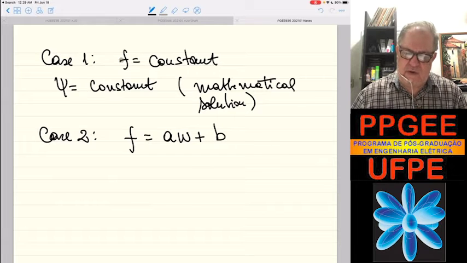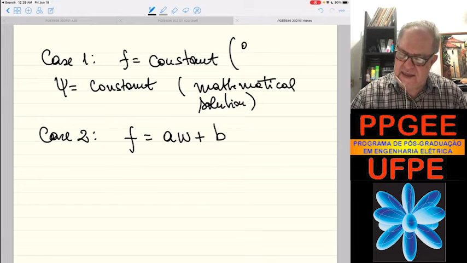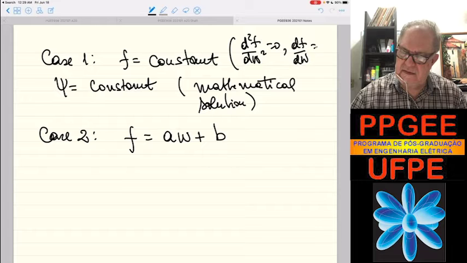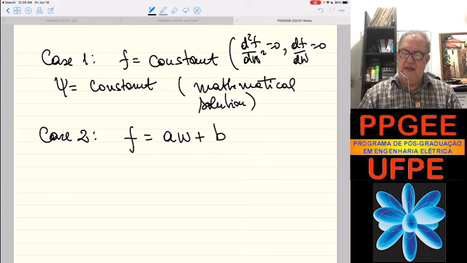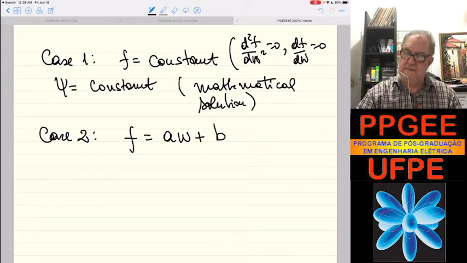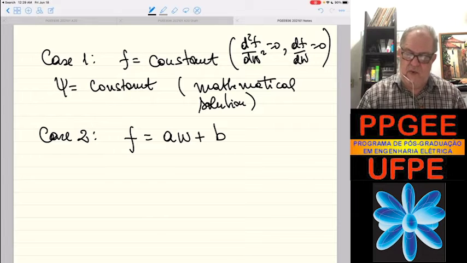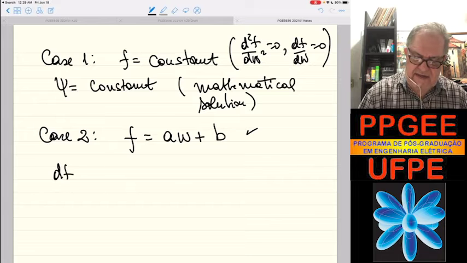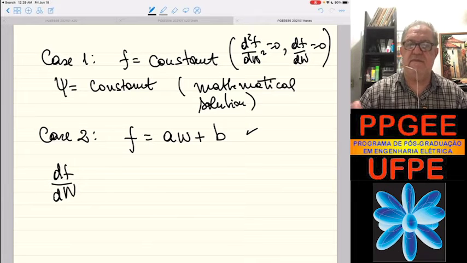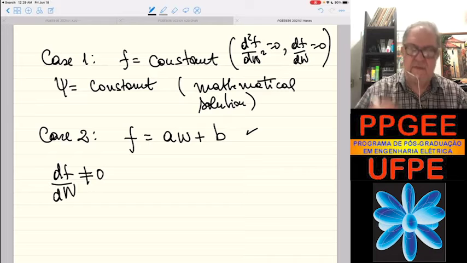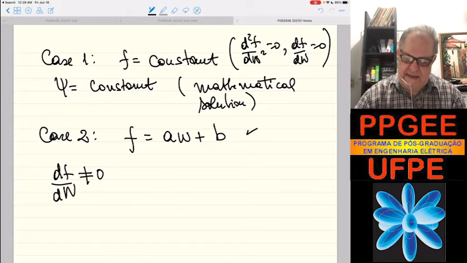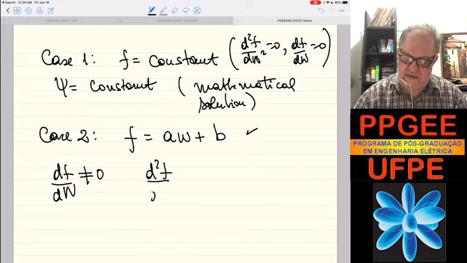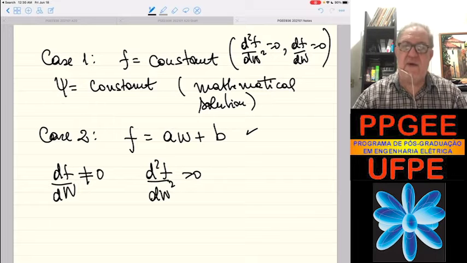Just notice that the second derivative equals 0, and the f dw is a constant, right? It's not 0. And the second derivative equals 0. So I don't have both equal to 0.